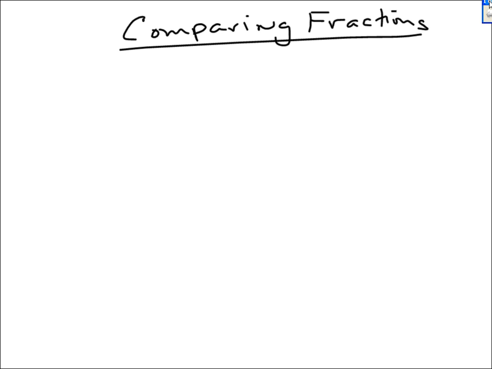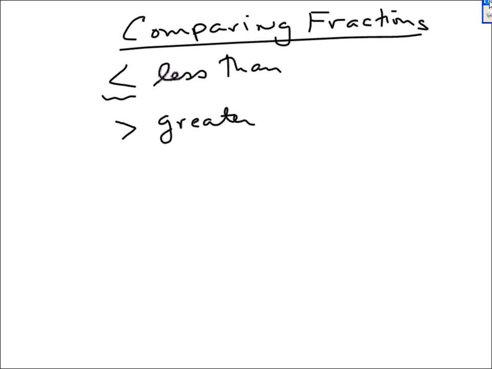Okay, so now we should know two symbols. This symbol that I just wrote means less than. This symbol means greater than. A lot of times I'll write LT and GT, less than, greater than.